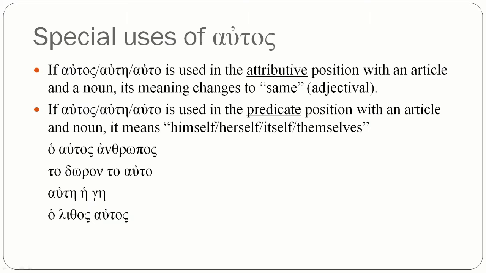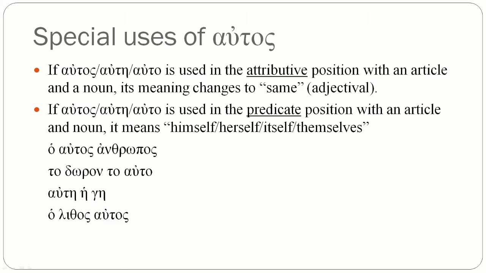And notice autos is in between ha and anthropos. Therefore, it's attributive, and in that case, autos means the same. So ha anthropos is the human being, and autos is the same: the same human being, the same person, the same man.